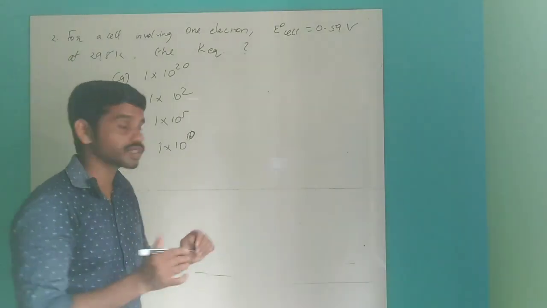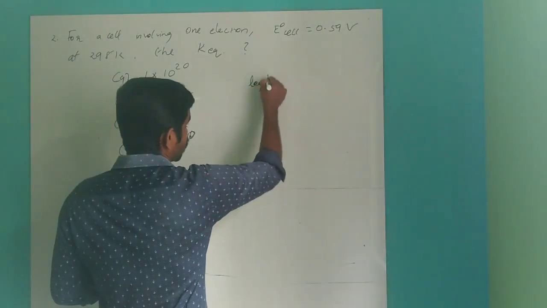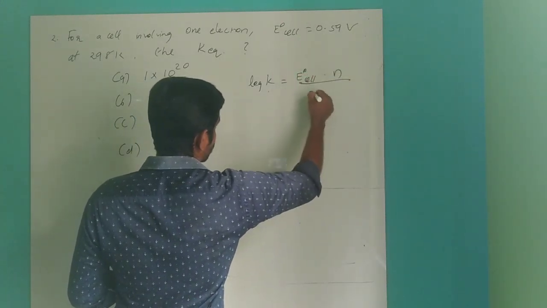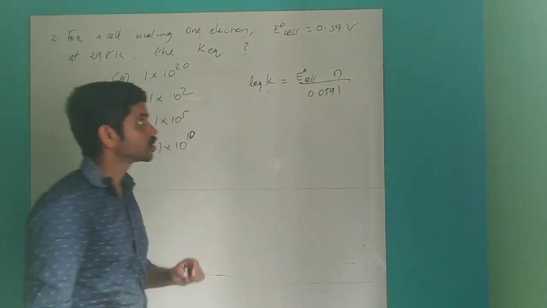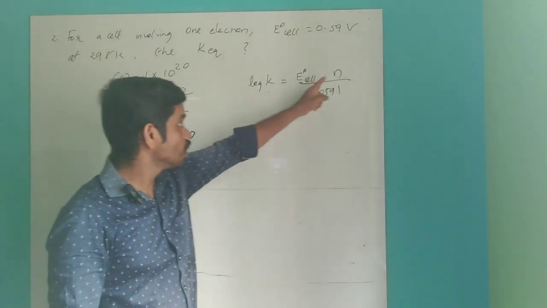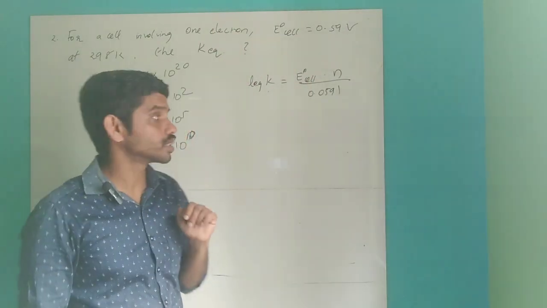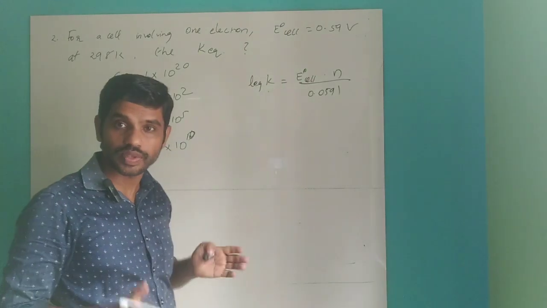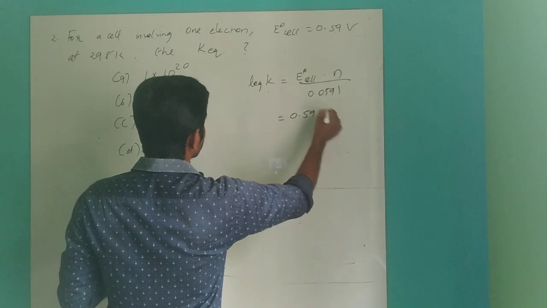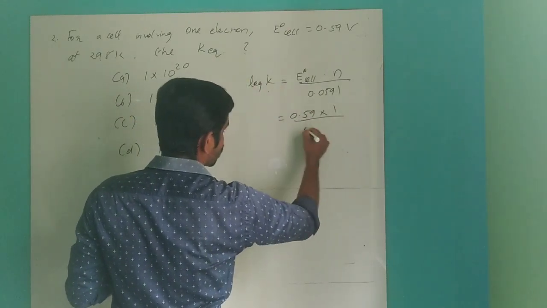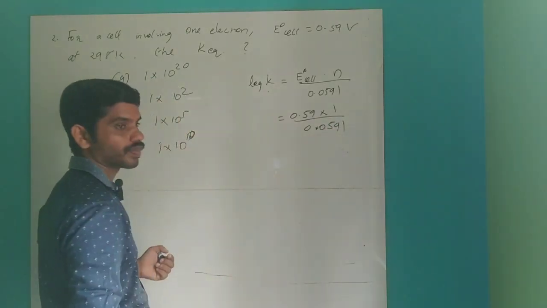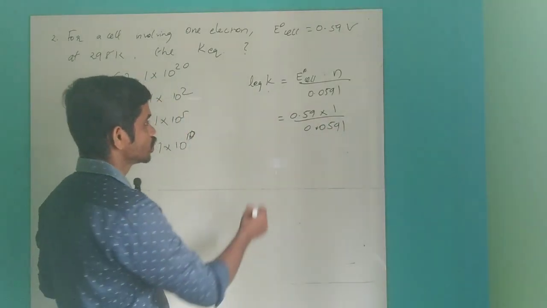Here the reaction is not given. So what is the equation we studied? Log K is equal to E0 cell into n divided by 0.059. The n value is given, so no need of the reaction. E0 cell is given, so we can simply do it. Log K is equal to 0.59 into n value 1, divided by 0.059.